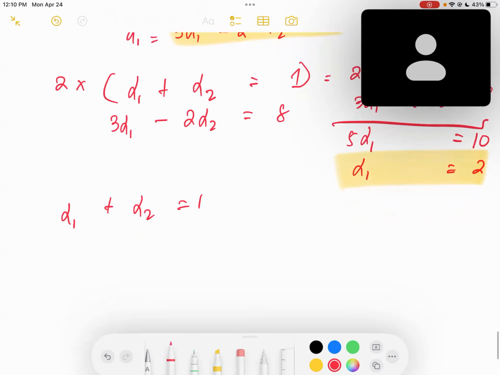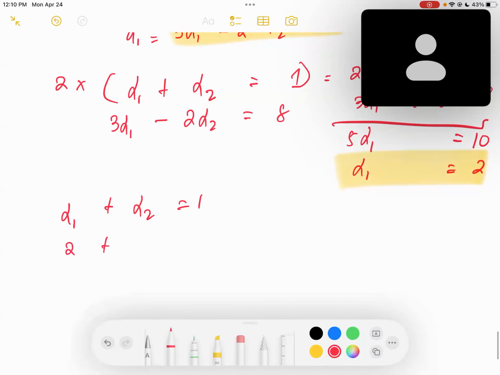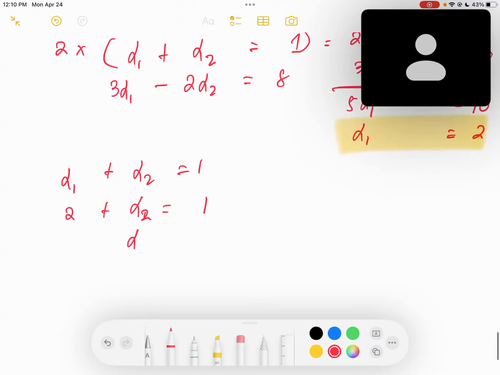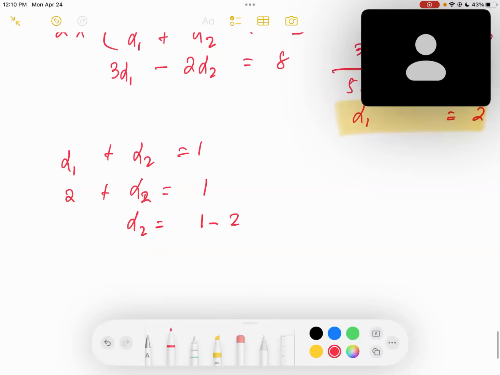And we know that alpha 1 is 2, plus alpha 2 equals 1. So alpha 2 is equal to 1 minus 2. So alpha 2 will be equal to negative 1. Okay, so we now have the values of our constants.